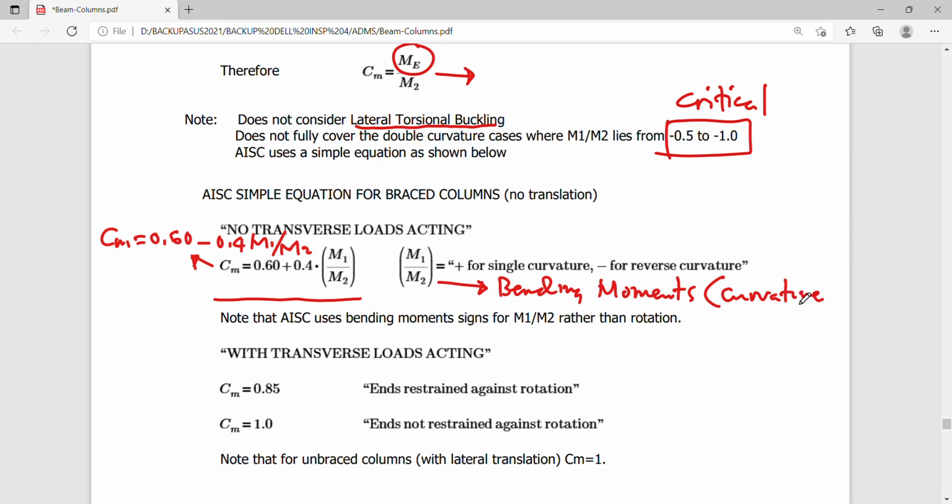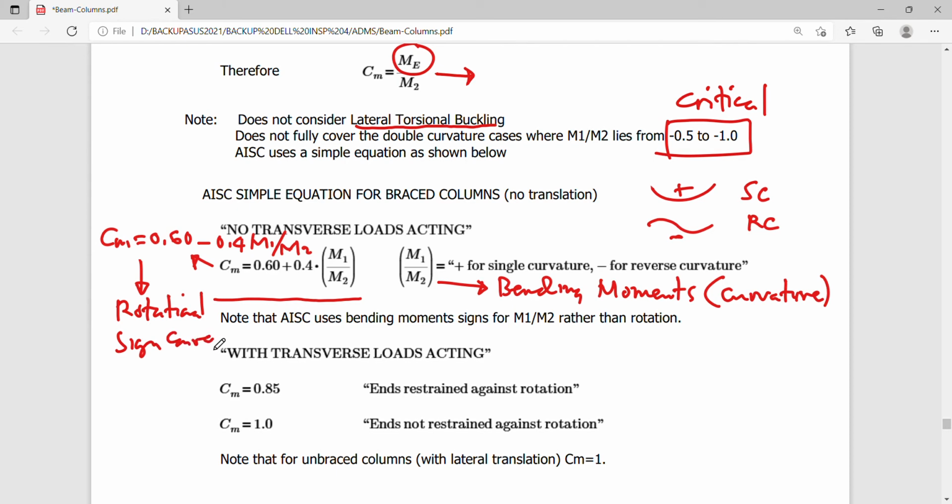So when you say curvature, we have two curvatures. So this is single curvature, this is reverse or double curvature. Okay, so this is actually positive, and this is negative. If you are going to use the negative sign here, you will take note that you simply base it on rotational moments, rotational sign convention.